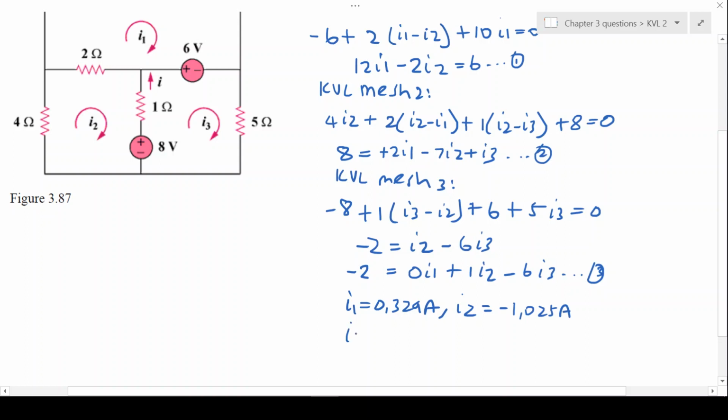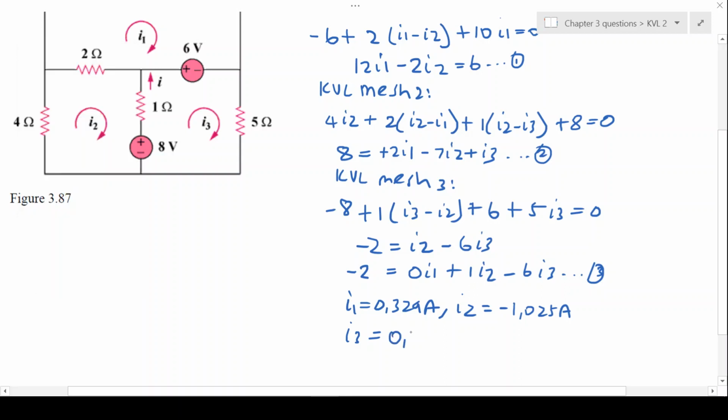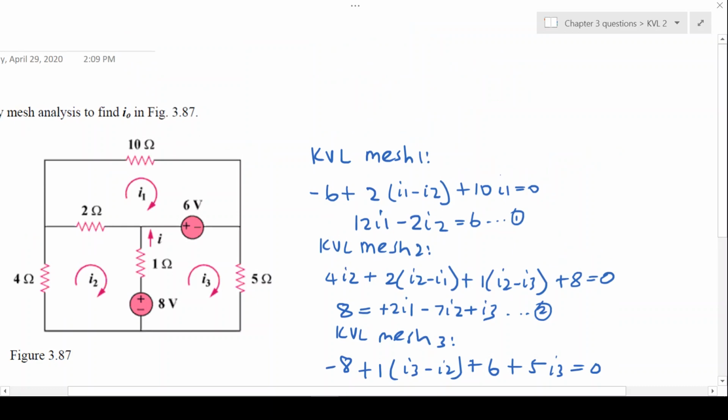And the final current, I3, is given as 0,162 amps. These are the values of the currents using mesh analysis.